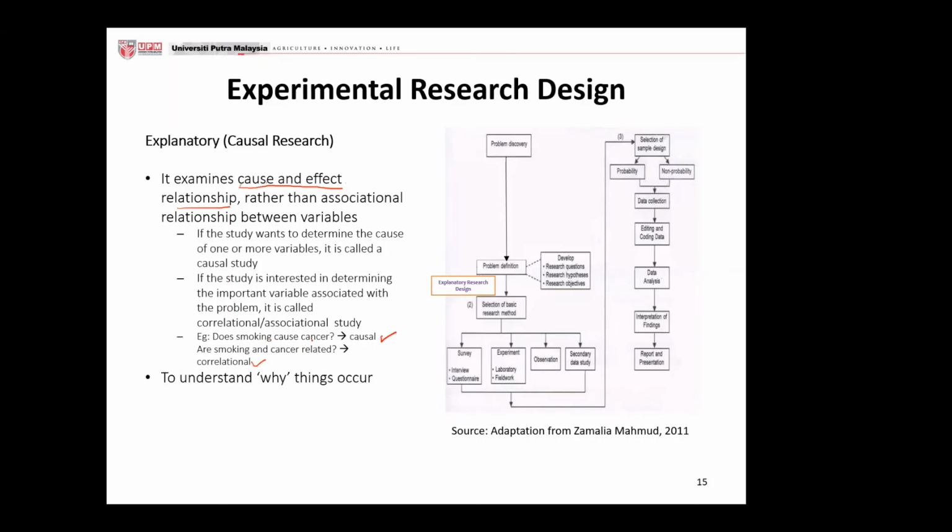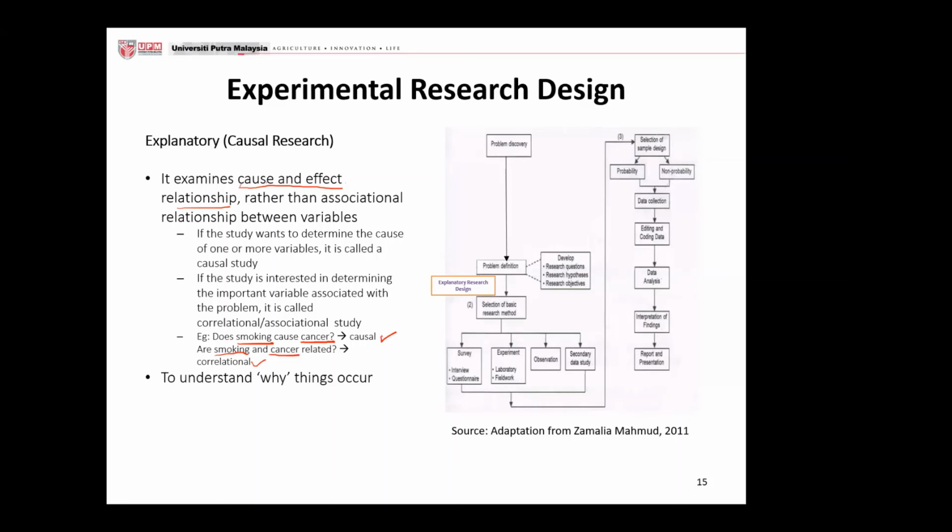Specific in the sense that you already know that the impact is cancer, and the cause is smoking. Whereas in correlational, you have these two, and you just want to check using statistical means whether these two are related. It doesn't mean that one caused the other. You just correlate.